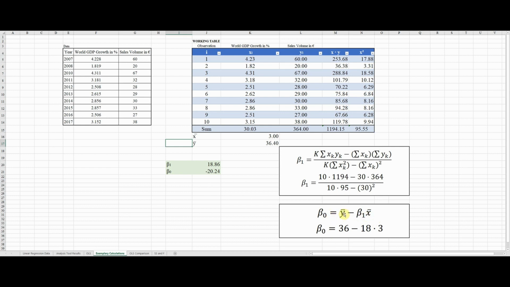You just take the mean of y minus beta 1 times the mean of x. Those are the calculated values and they match those I got with the analysis tool. So that's basically it. You can be sure that you found the right regression line because you solved it analytically, as we discussed briefly before.